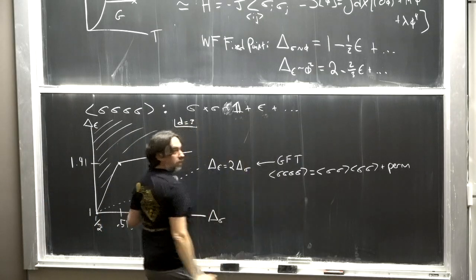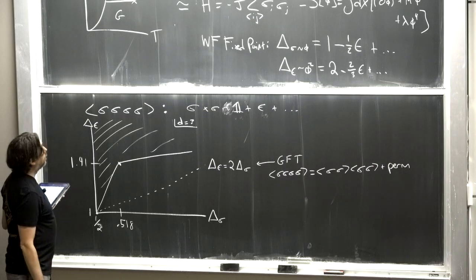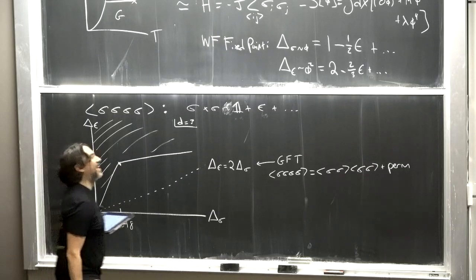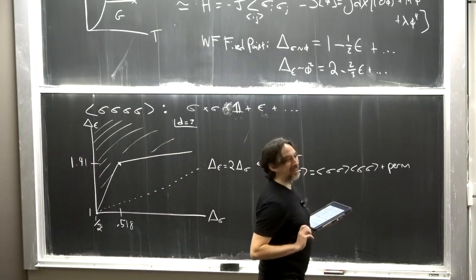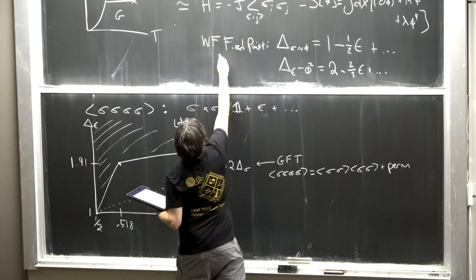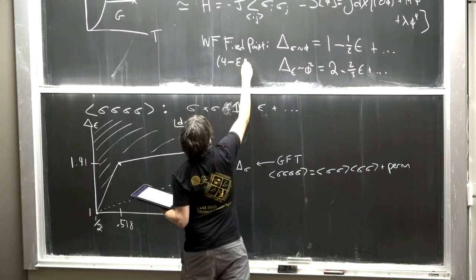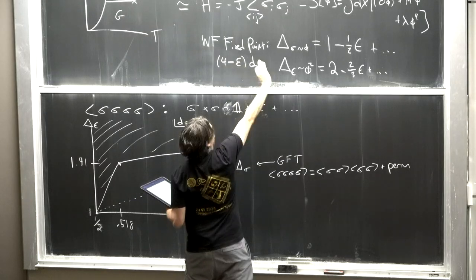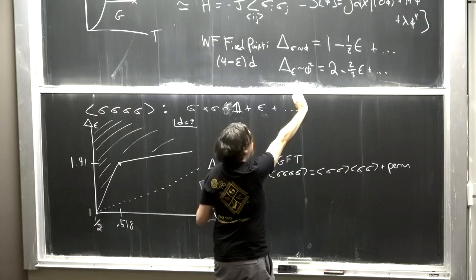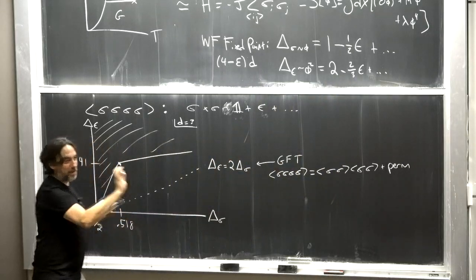That's the epsilon, yeah. But the epsilon on the first board, are they different? The 1 minus a half epsilon? Yes, sorry. I apologize. So this is in 4 minus epsilon dimensions, where you do these epsilon expansion computations. This is a different epsilon than the epsilon operator of the theory. So I apologize for that.